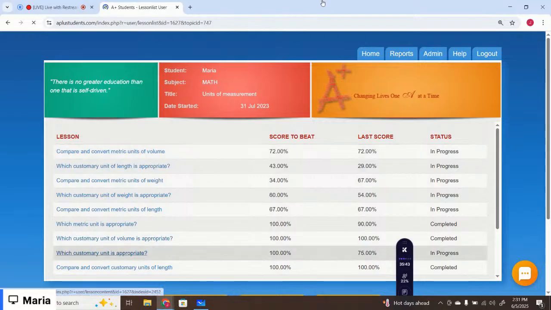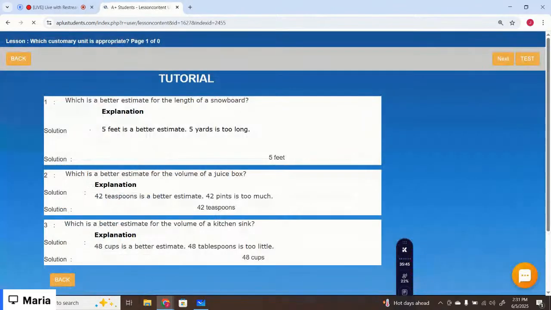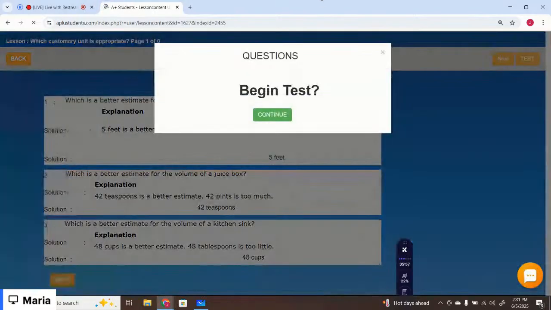Which customary unit is appropriate? Let's just start with the test questions.